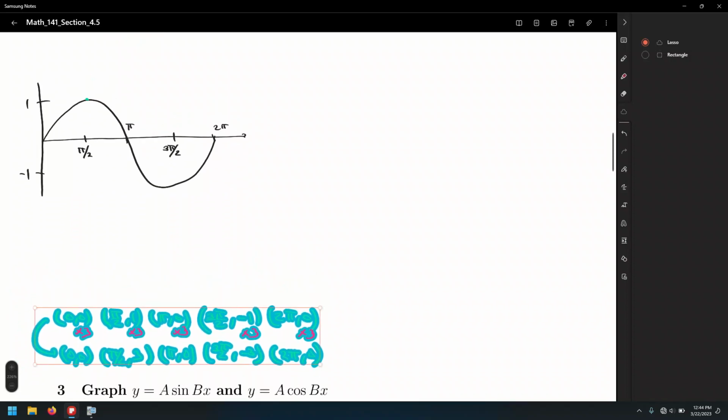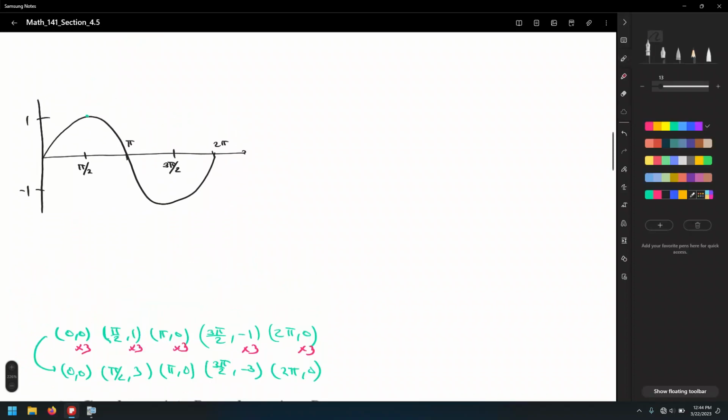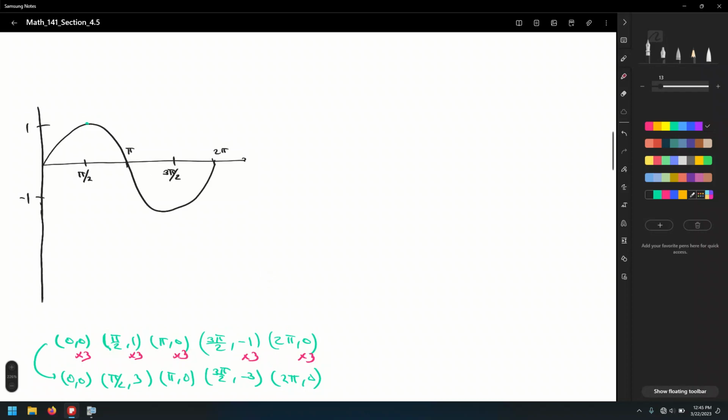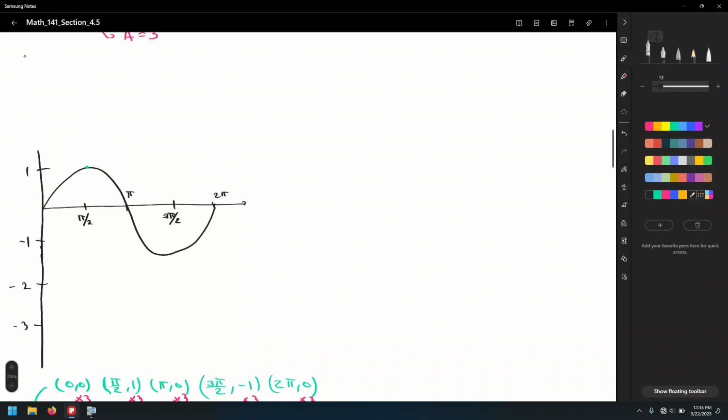Let me move this also, and I will extend this all the way to negative 2, negative 3, 2, and 3. All right?